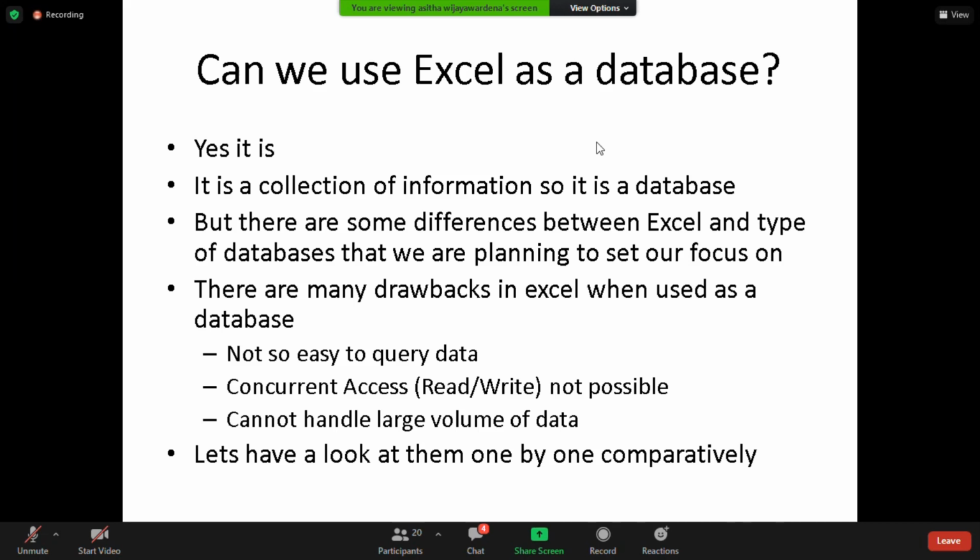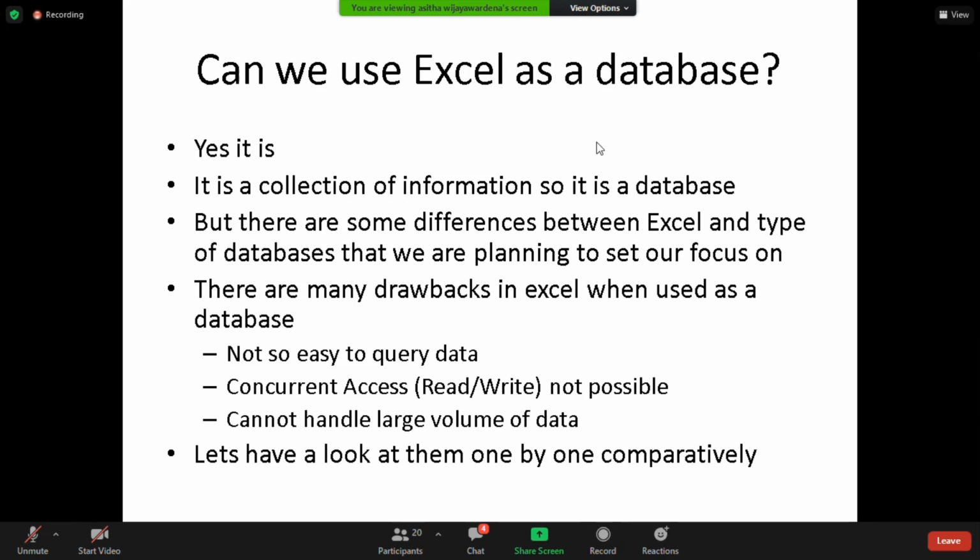One thing is, it's not easy to query data, and concurrent access. As I told you, it's again like a file, but you can implement relationships between worksheets, not workbooks, right?